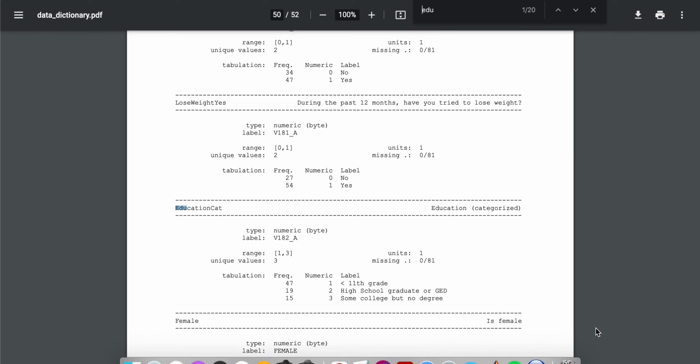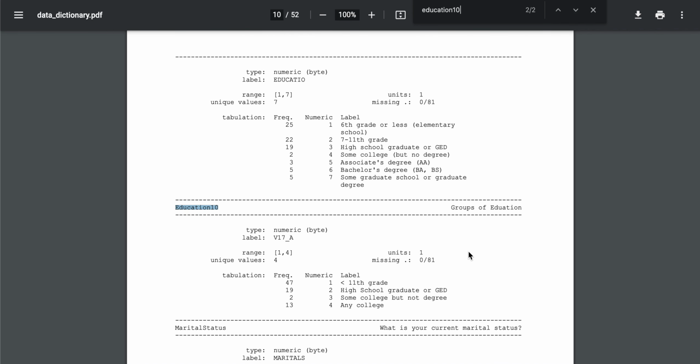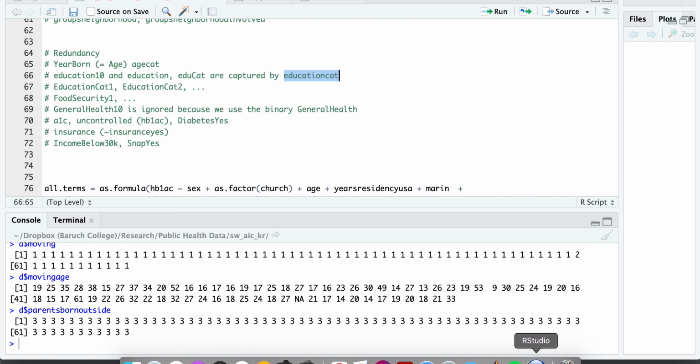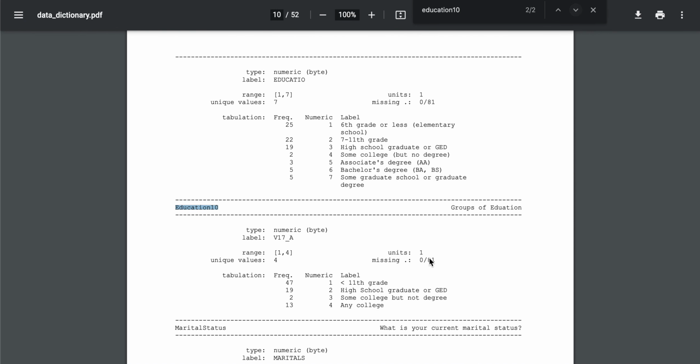Education 10. So it's any college plus some college, but no degree. Anyway, so if you collapse these two categories, we get edu cat 10, or which one was it? It's confusing. Okay.